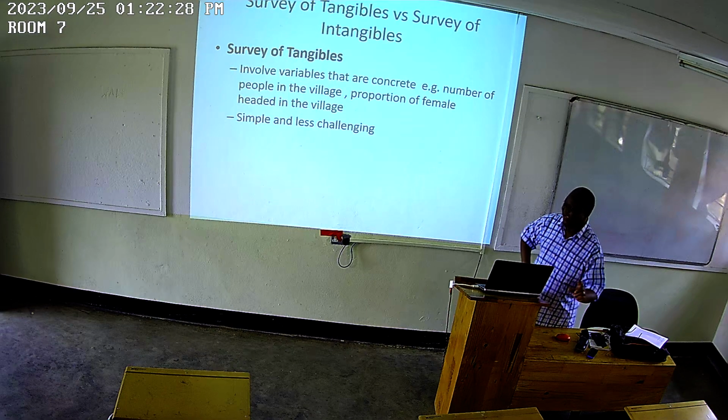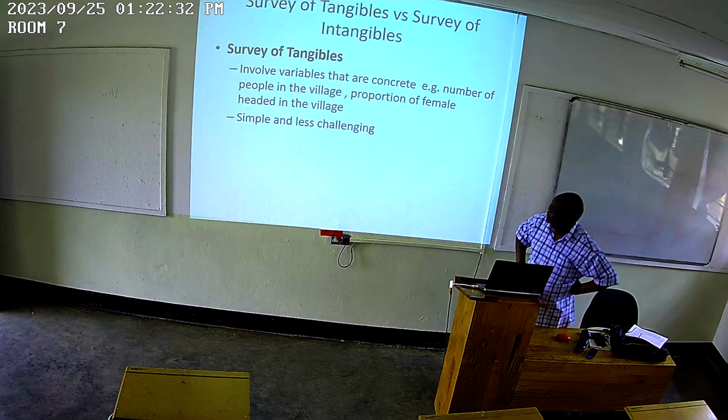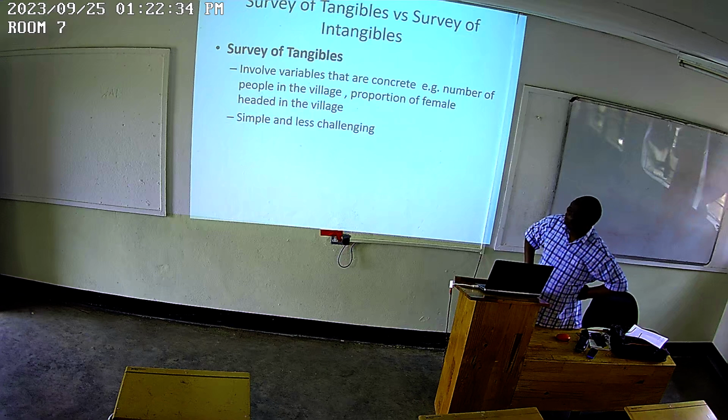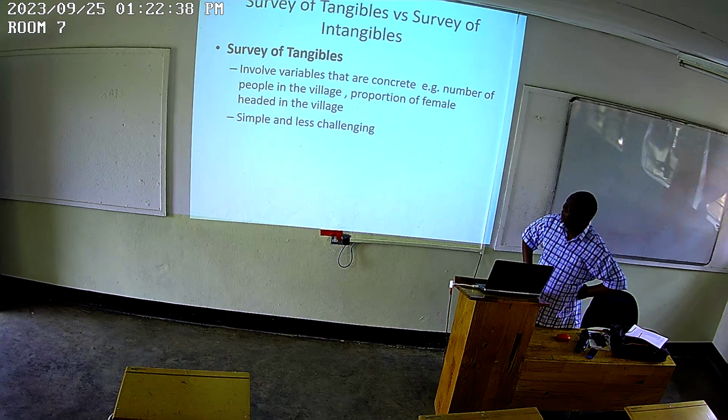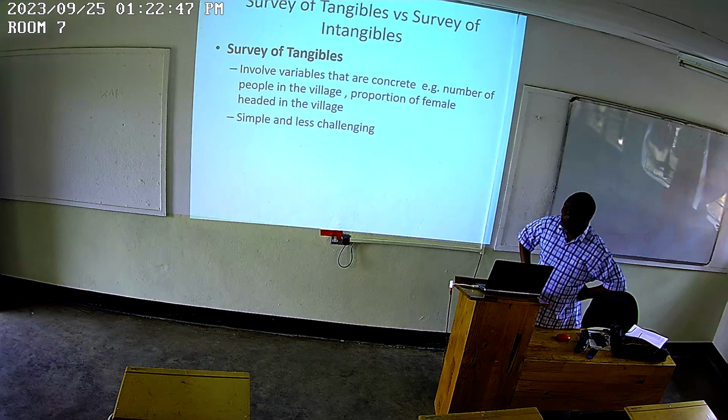things which are direct, those are what the purpose stands for. It involves variables that are concrete, for example, number of people in the village, number of male-headed, just straightforward, simple, less challenging to measure.